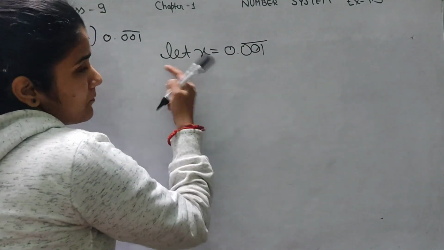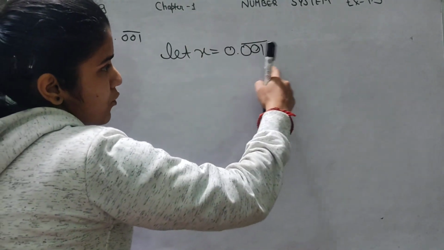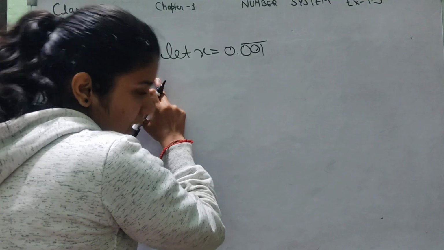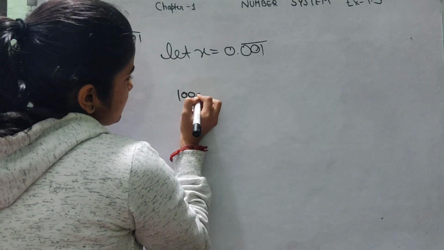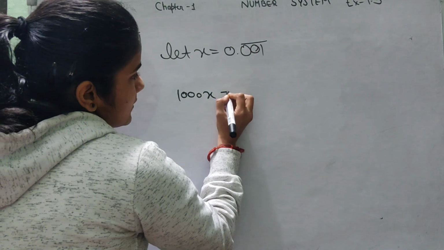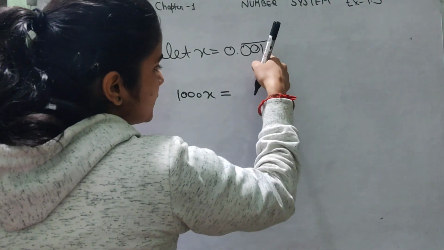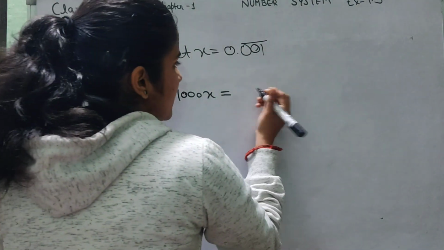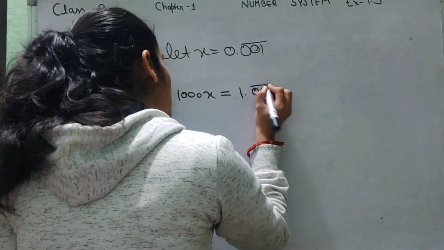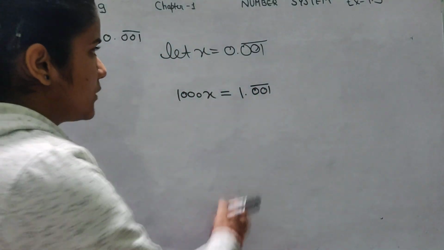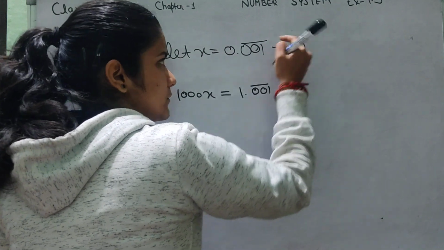On multiplying by 1000 both sides, write it down. So 1000x equals 1.001 bar, with 3 zeros. Equation number 1st, upper side.